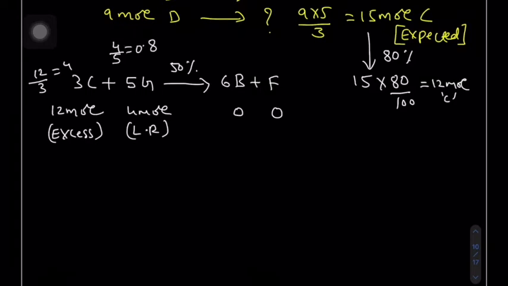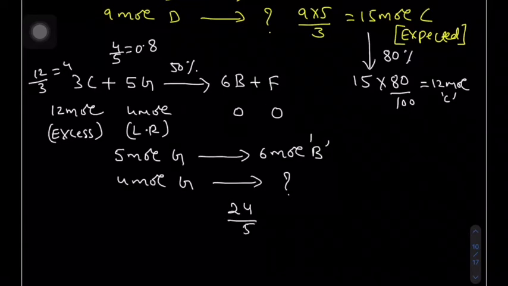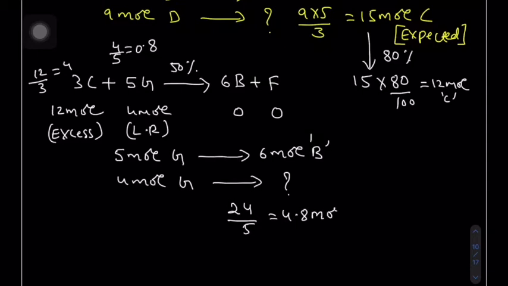So this is the limiting reagent. That means 5 moles G will produce 6 moles B. Now 4 moles of G will produce how many moles of B? Unitary method: 24 by 5 moles, that will be 4.8 moles B.